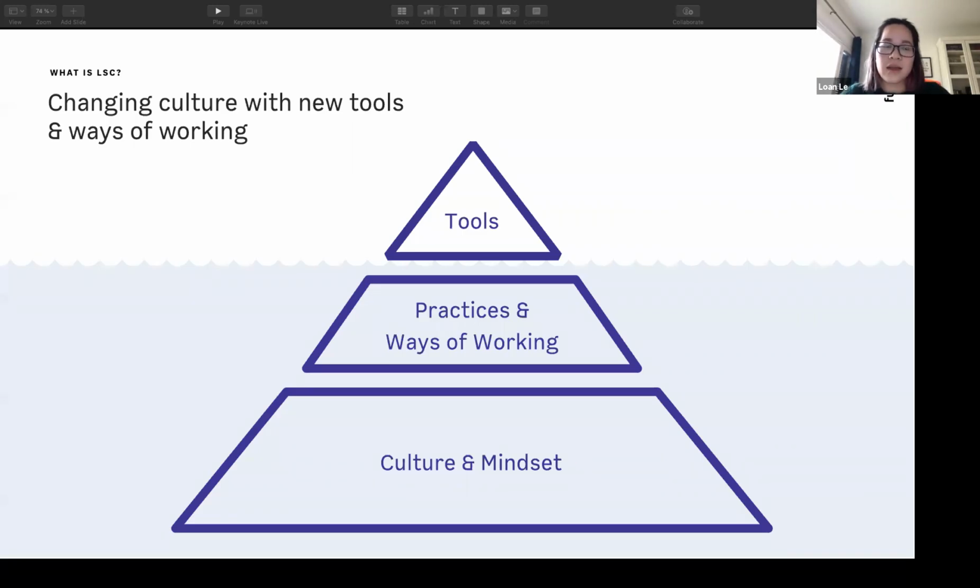But having said all this, if you would remember one thing from today, I would like you to remember that tools are only the most visible part of the culture, like the tip of the iceberg. LSE is much more than ink on paper. It is about the mindset and practice that makes successful service possible.